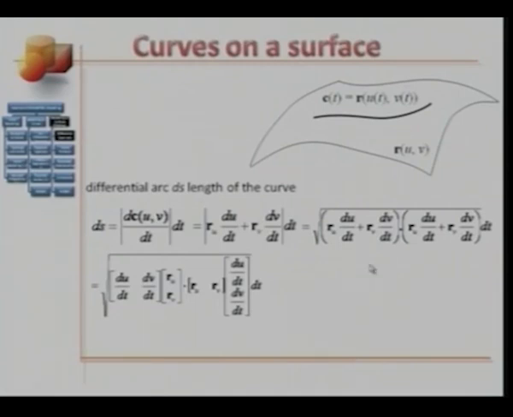We can write this result in the matrix form here. If you look at this expression, this can be written as the row matrix du over dt dv over dt times the column matrix ru rv dotted with ru rv times du over dt dv over dt, times dt.